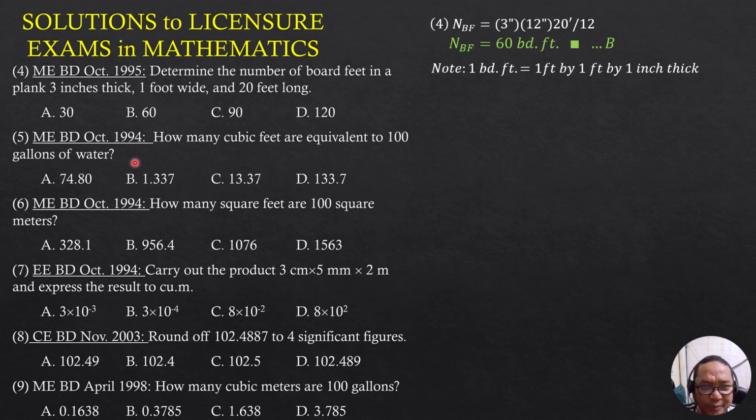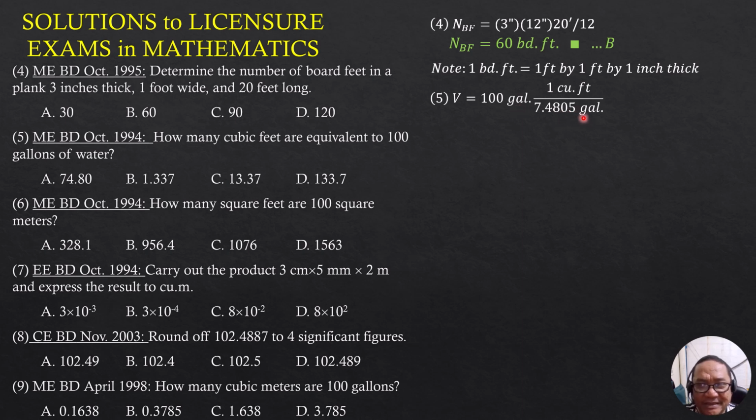So let's proceed to problem 5. This came out in Mechanical Engineering Board exam, October 1994. How many cubic feet are equivalent to 100 gallons of water? So we begin with 100 gallons of water, and we take note that 1 cubic foot is 7.4805 gallons.